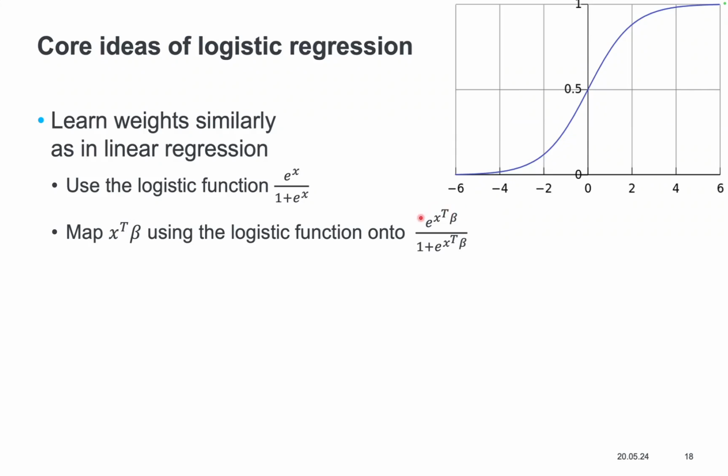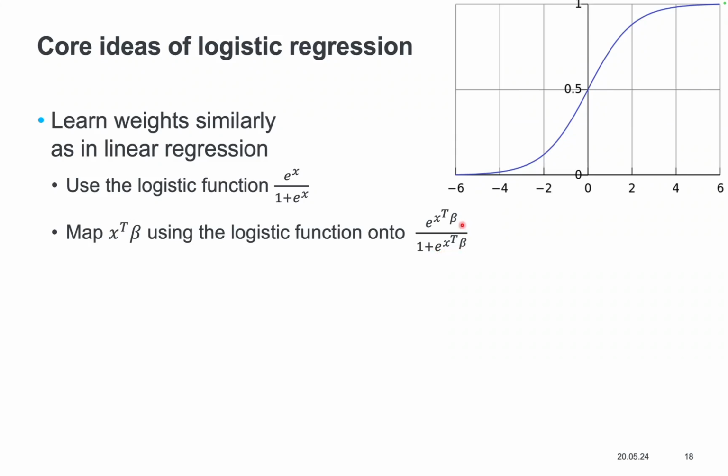If we put this linear component into the exponential function, this gives us a value. Now we want to make sure that we always predict values between 0 and 1. So we divide this by 1 plus this exponential function of x transpose beta.